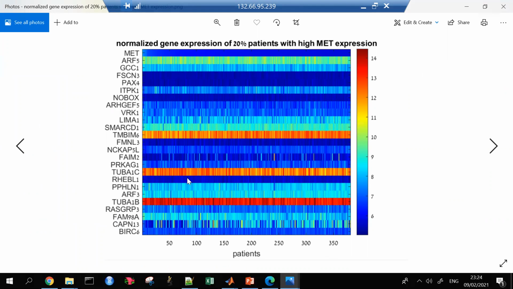So I was also asked to do a normalized gene expression, sort of, you can say heat map or scaled image, but I didn't need to normalize anything, and I get different results if I try to normalize the data. So I don't do that.